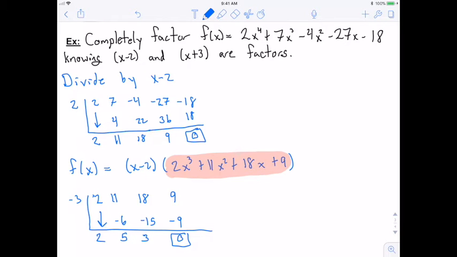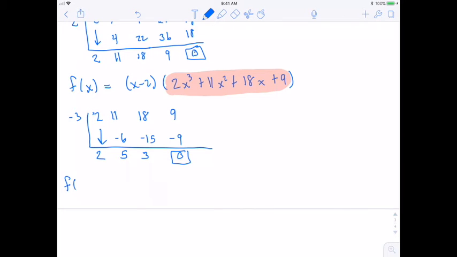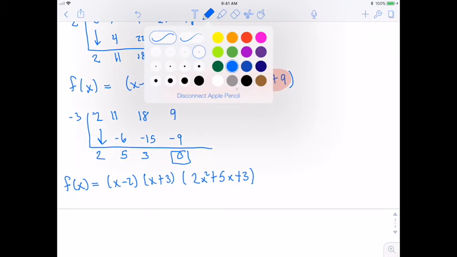So now this cubic has become a quadratic, and we can say that f of x is equal to x minus 2 times x plus 3 times 2x squared plus 5x plus 3.